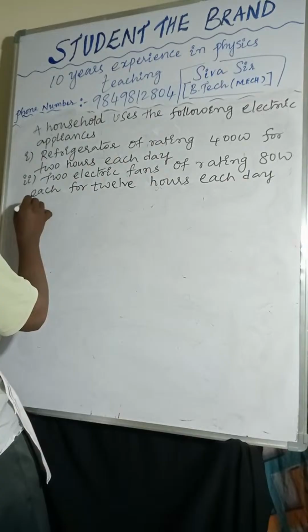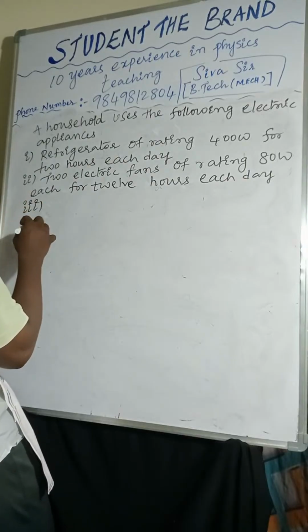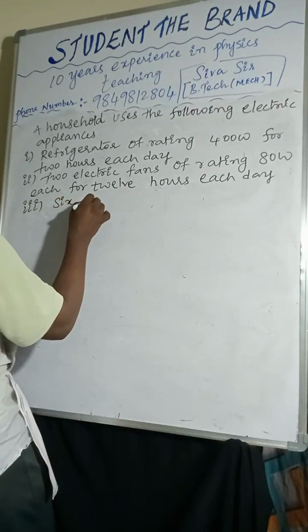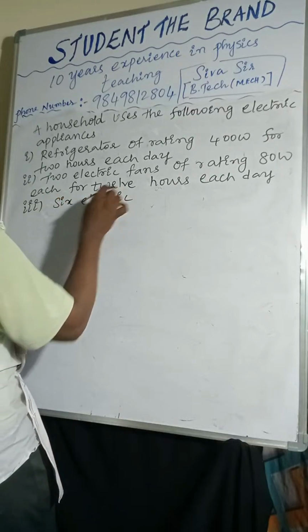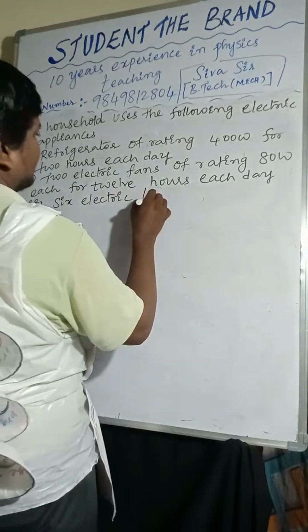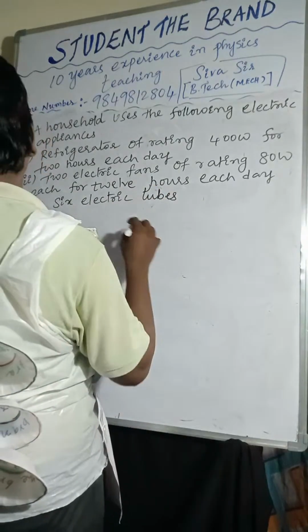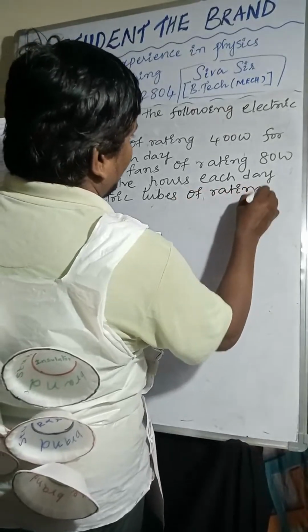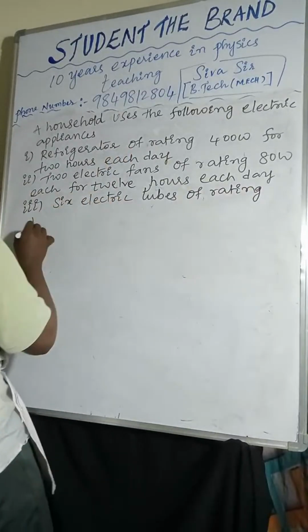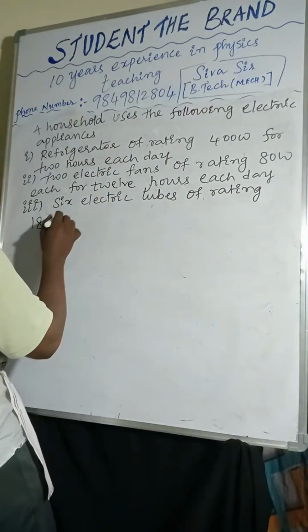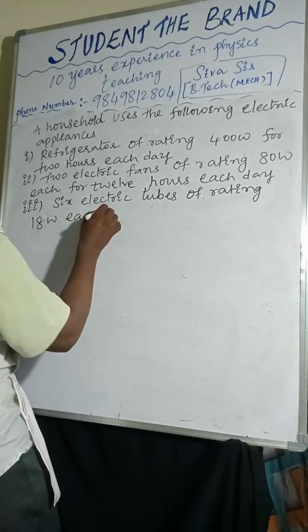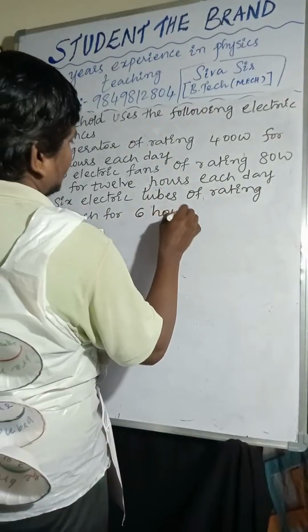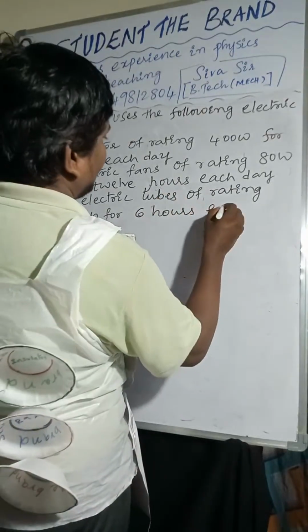Third one, 6 electrical tubes of rating 18 watts each for 6 hours each day.